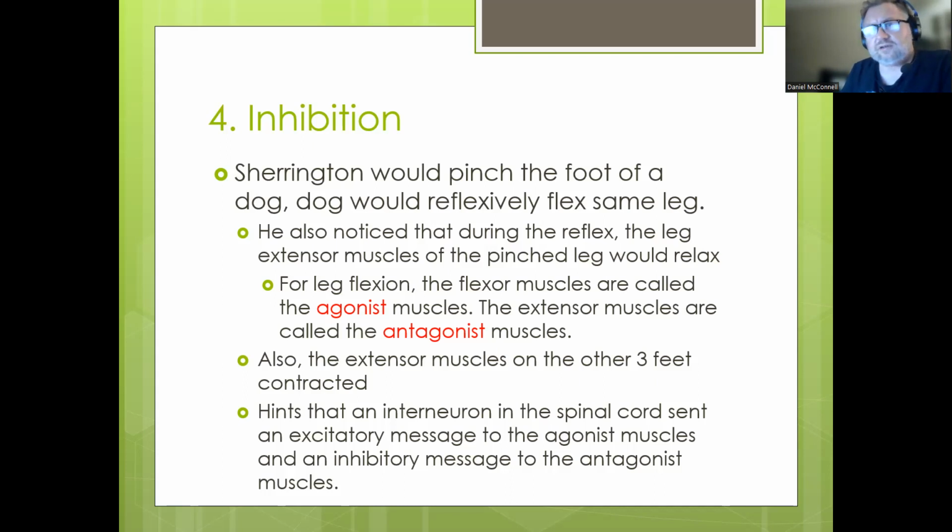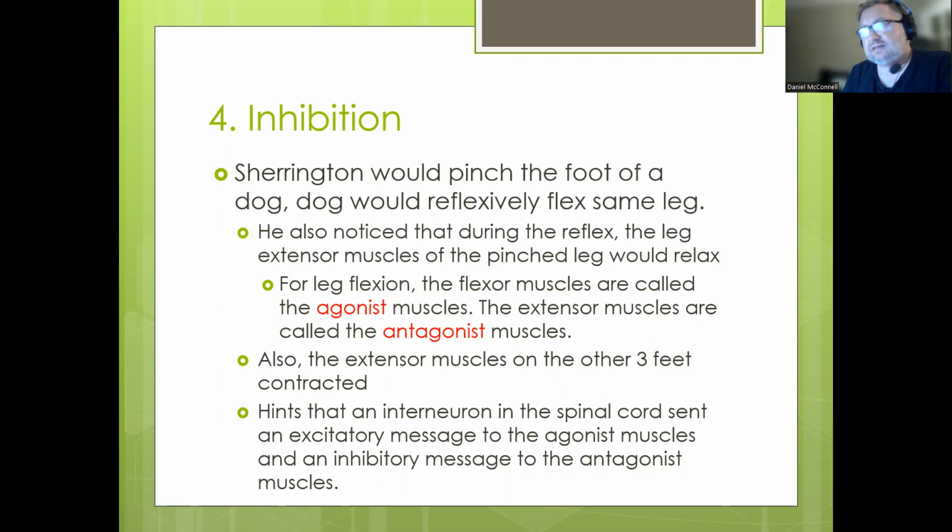So when Sherrington realized that in order to create this flexion of the dog's leg, you have to have the flexor muscle contract, this means that in order to make sure this works well, you would have an excitation of the flexor muscle, but you also want a simultaneous inhibition of the antagonist extensor muscle to allow this to work correctly, so that the joint does the desired thing.